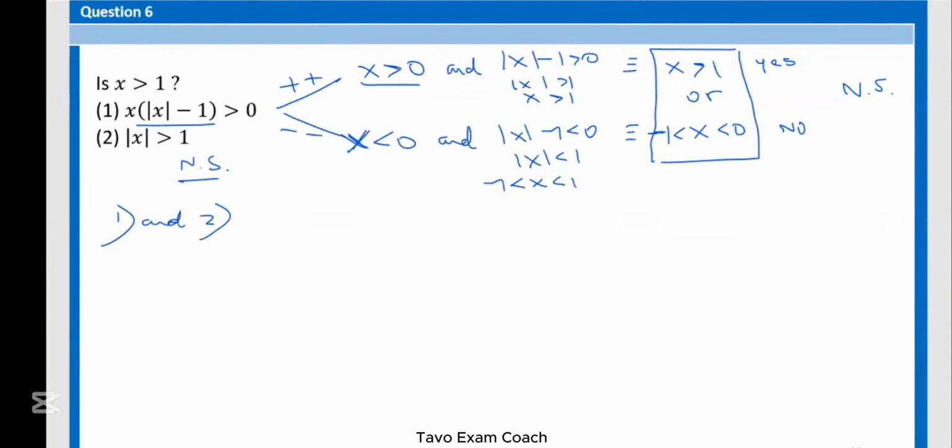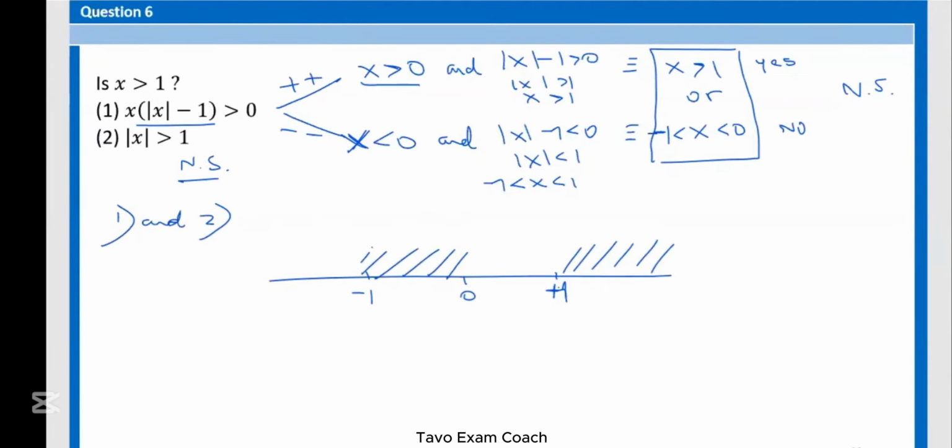The best way to combine these at the same time is to do it graphically to avoid any confusions. Let's consider here these critical points, and then let's graph the intervals. The first statement says that x is greater than 1 or between 0 and negative 1.